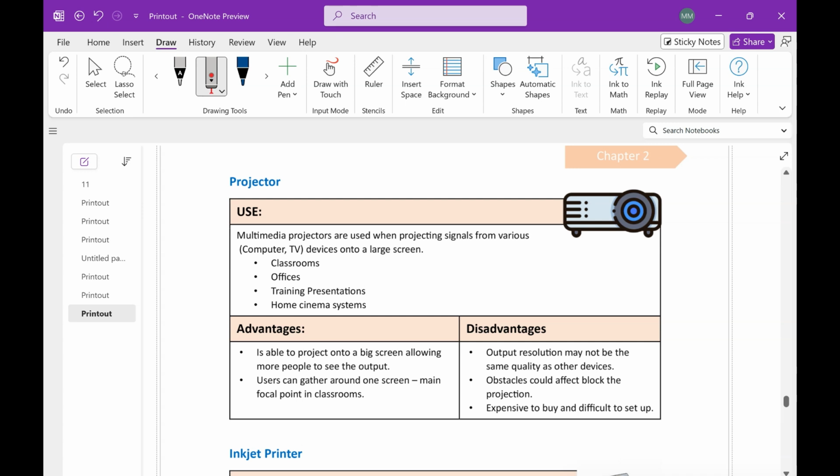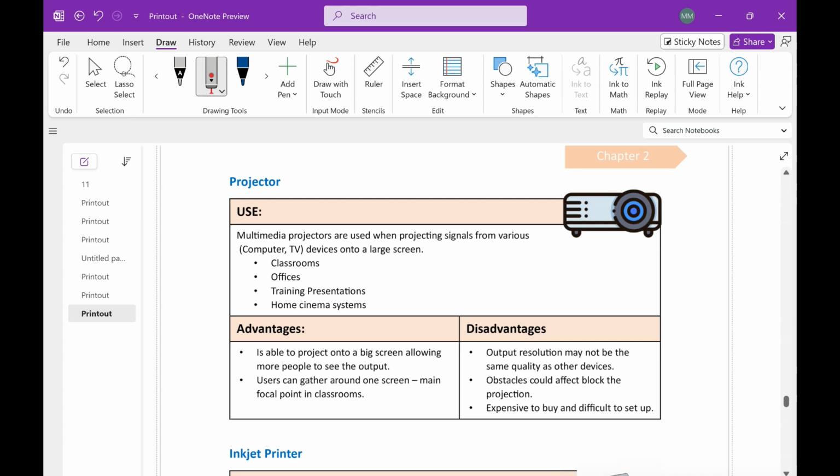It's better than giving them paper, or a smaller screen for each and every one, because they will not focus unless you put a central focus point. That's why whenever they have seminars, instead of giving each person a smaller computer or a tablet, they prefer having a projector, so everyone will be looking at the same place at the same point.